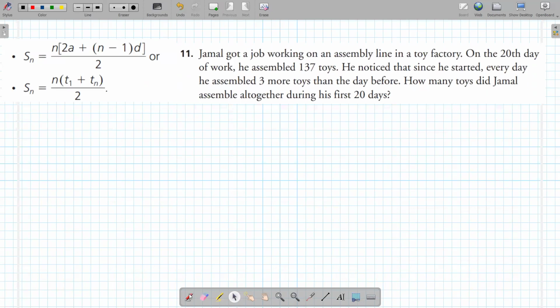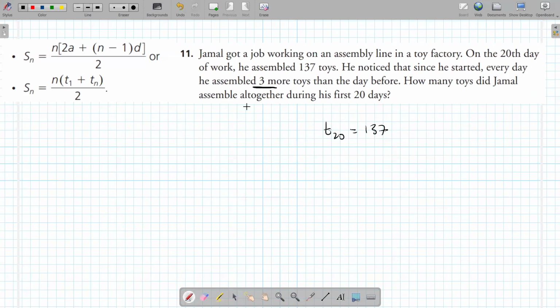Let's look at this one. We're working at an assembly line, Jamal is. On the 20th day, so T20, he assembled 137 toys. He noticed that since he started, every day he assembled 3 more toys than the day before.